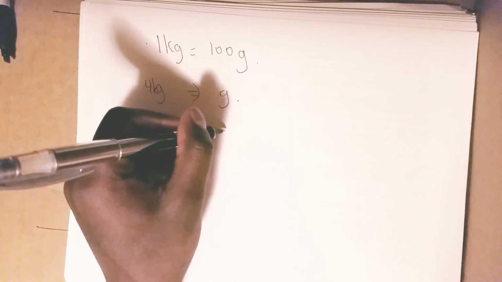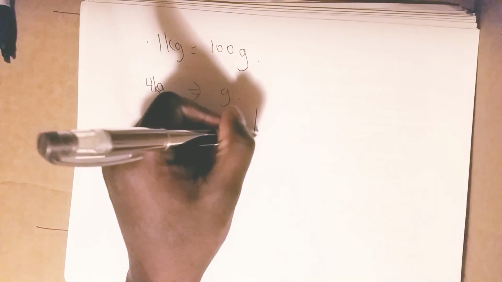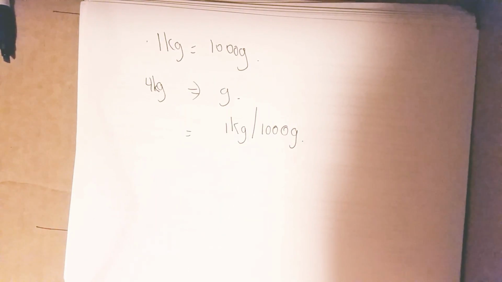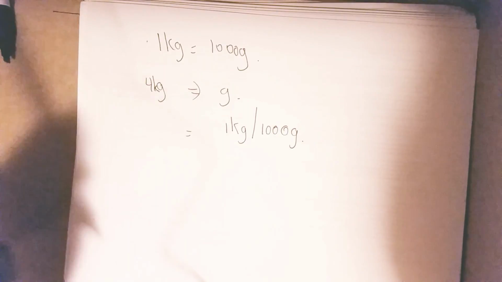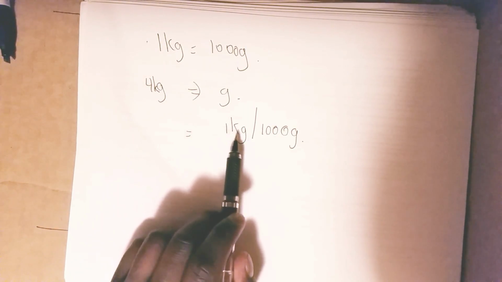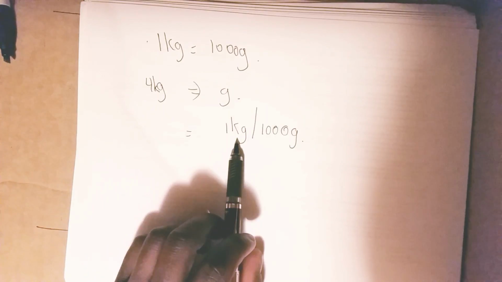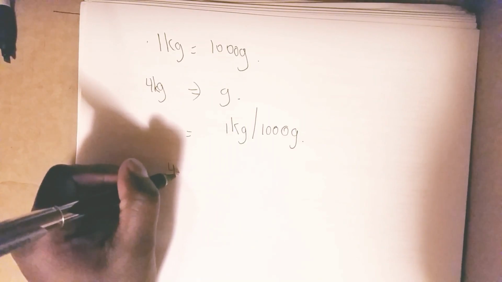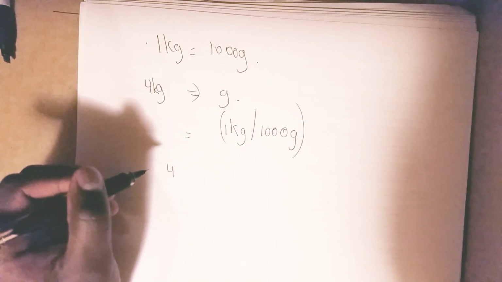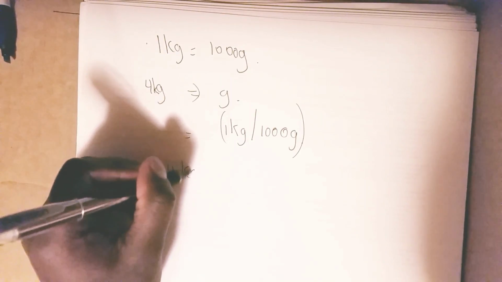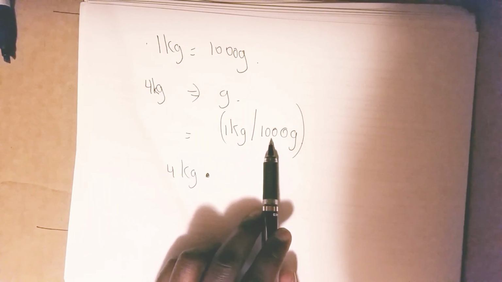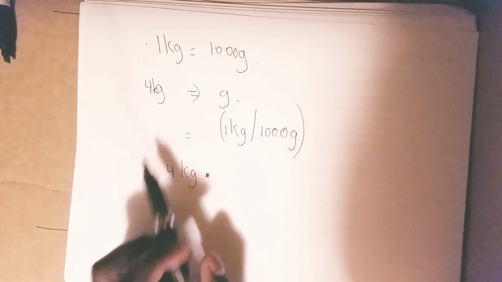We know the ratio is 1 kilogram is equal to 1,000 grams. We want to create the same ratio. You have kilograms and you want to convert to grams, so for every 1 kilogram you get 1,000 grams.